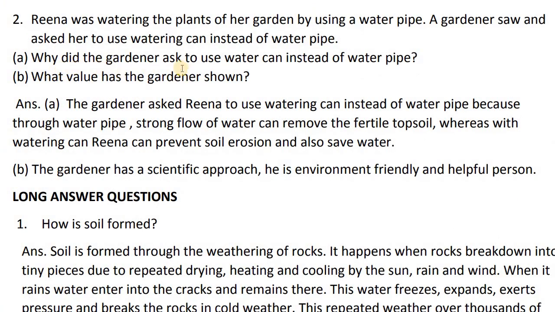The gardener asked Rina to use water can instead of water pipe because through water pipe, strong flow of water can remove the fertile topsoil, whereas with watering can, Rina can prevent soil erosion and also save water. What value has the gardener shown? The gardener has a scientific approach. He is environment friendly and helpful person.